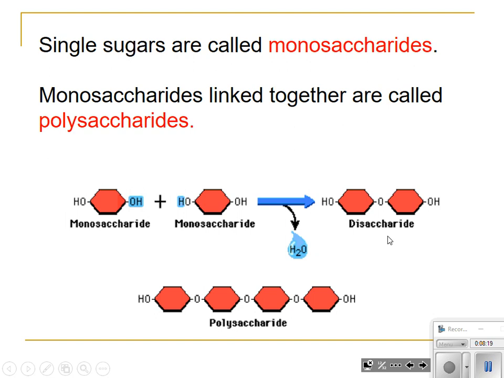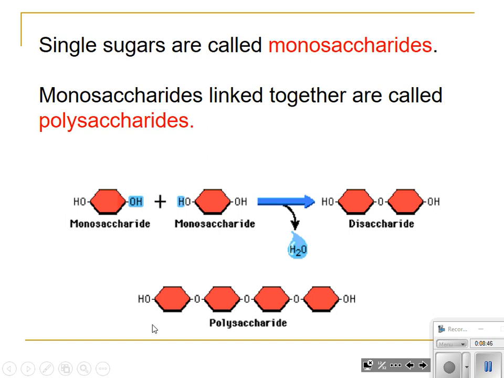But what I want you to put in that blank there, where it says two sugars are called, disaccharides. Monosaccharides that are linked together are called polysaccharides.